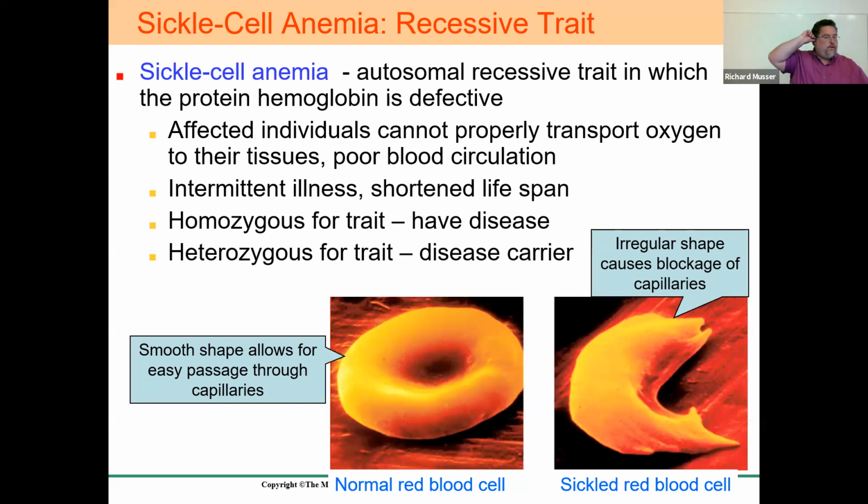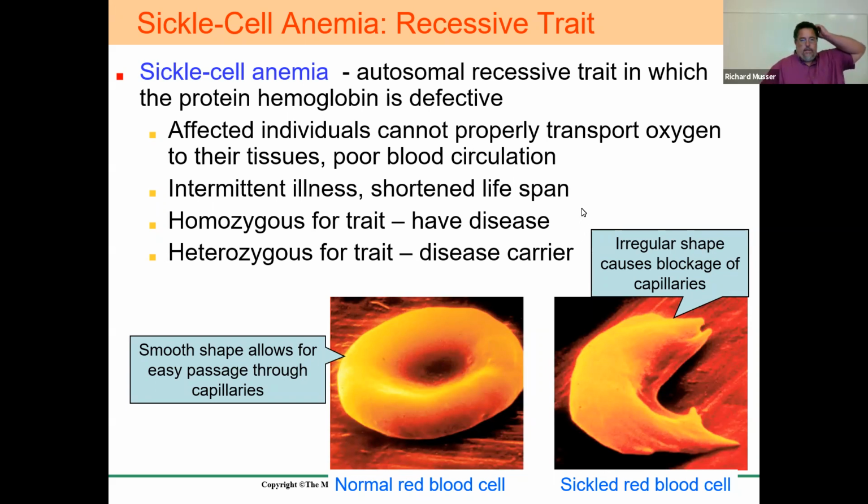But there is also a heterozygous trait, which is actually a carrier, which is somewhere in the middle. Maybe it still has a normal looking blood cell, but it actually helps them to prevent having malaria. So there's actually a benefit to the heterozygous trait being a disease carrier.